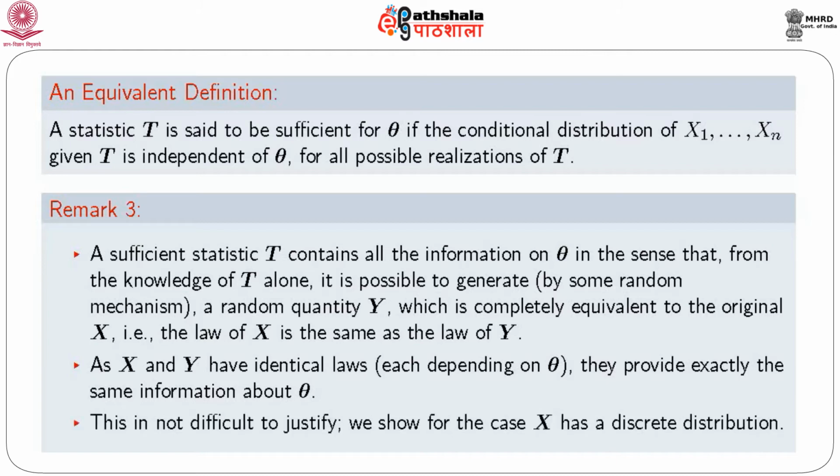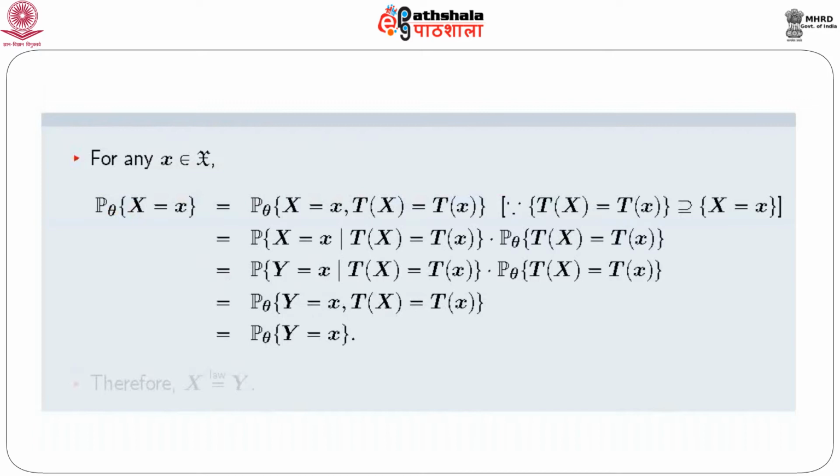This is not difficult to justify. We show it for the case when the random variable x has a discrete distribution. We take any particular value of x, say small x belongs to script X. Now, probability under theta that capital X equals small x is equal to probability under theta that X equals small x intersection T(X) equals T(small x).